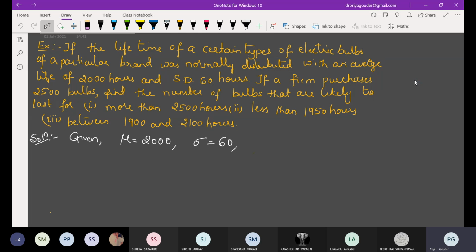Okay, so from this we can find Z, the standard normal variate. Tell me what is the relation? How is Z given by?